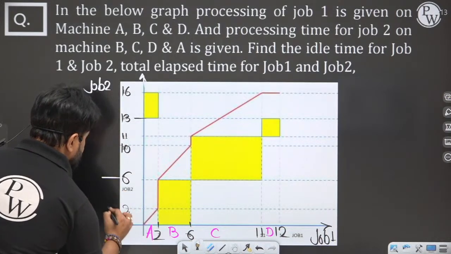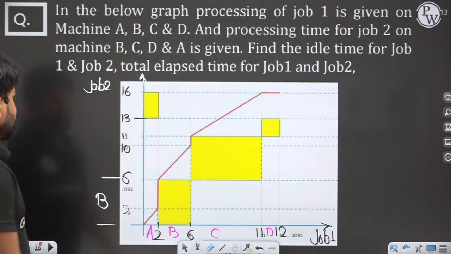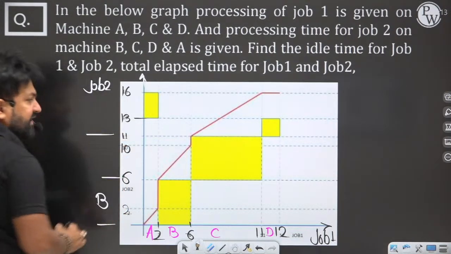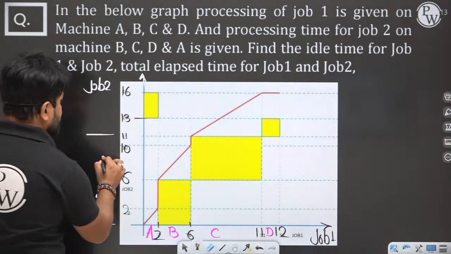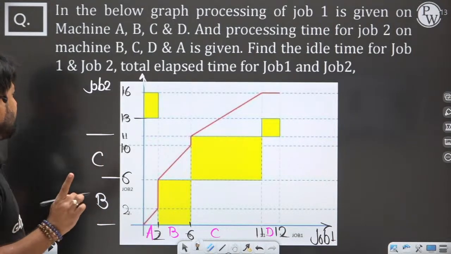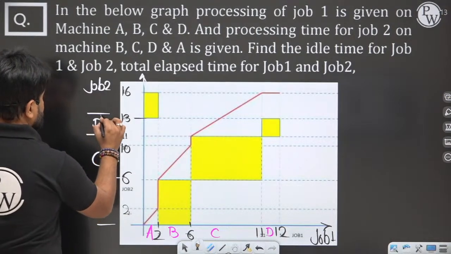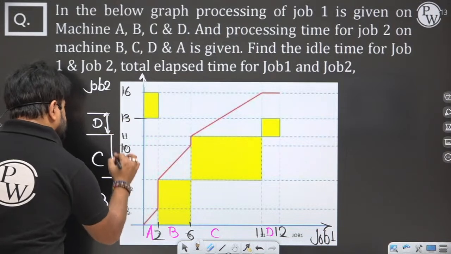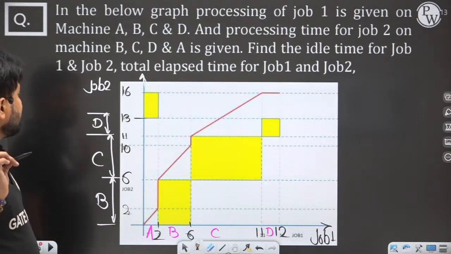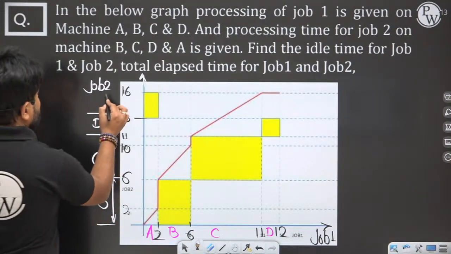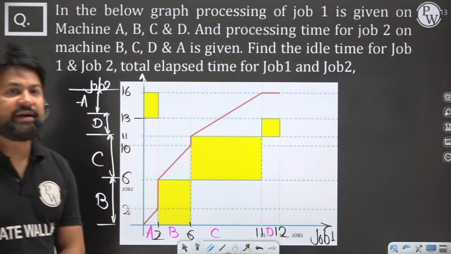See here, 0 to 6 at machine B, then 6 to 11 at machine C, then 11 to 13 at machine D, and from 13 to 16 at machine A.